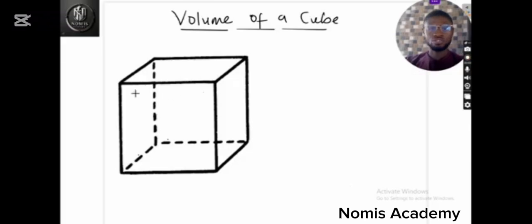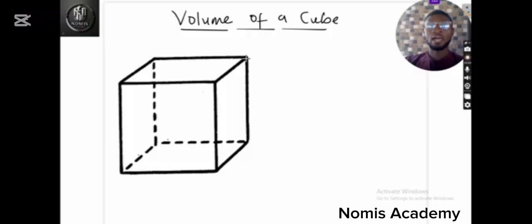A cube is just that 3D shape that is made up of squares. It has six faces, and the faces are squares. You know what makes a square a square? It is that all its sides are equal.